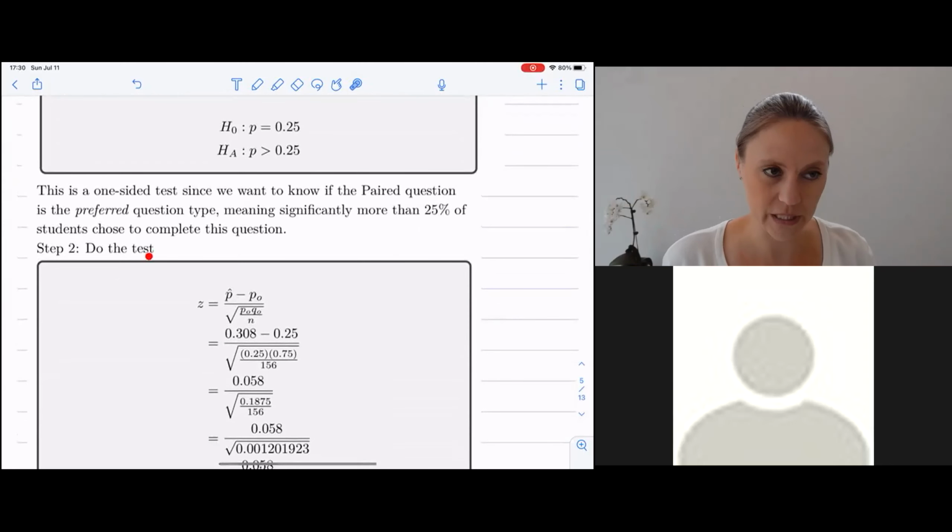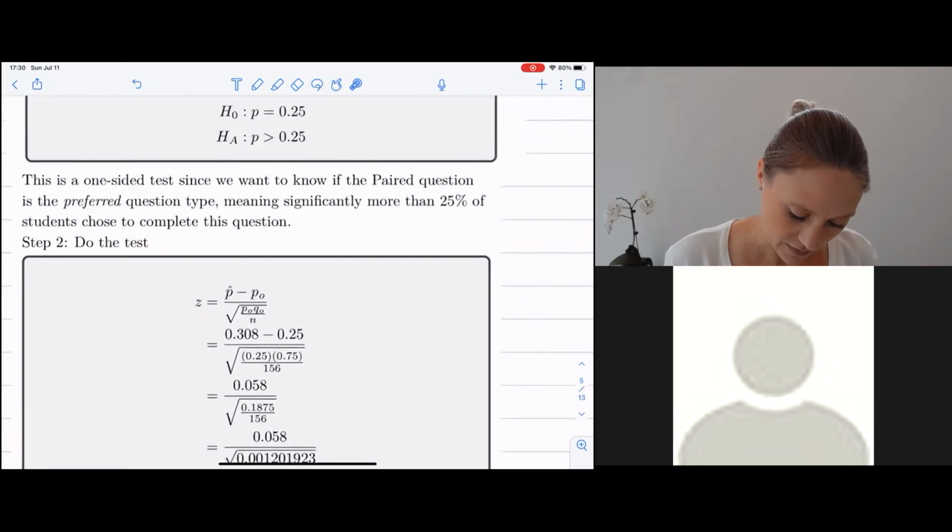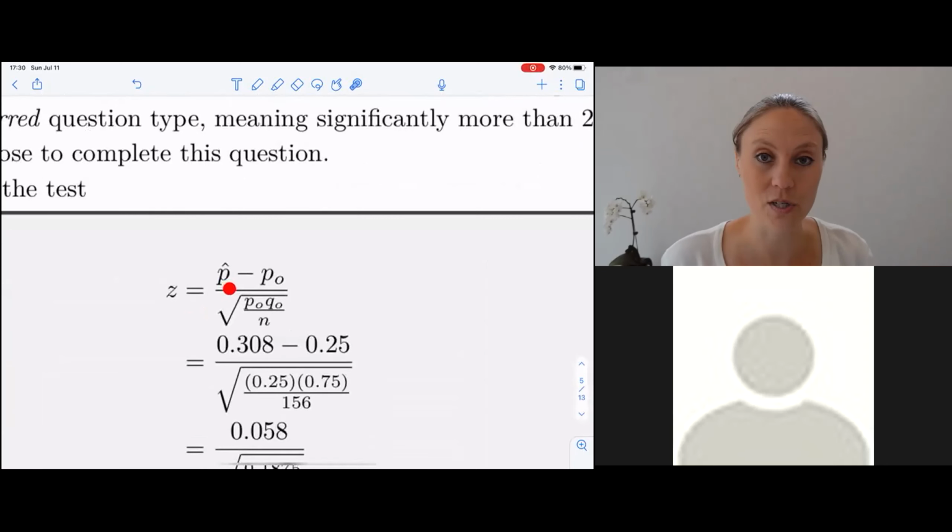Now it's time to do the test. If you look back to your formula, we need our p hat, which is 0.308, and our hypothesized proportion, which is 0.25. Our q is 1 minus 0.25, which is 0.75, and our n is our sample size, which is 156. So there's nothing crazy here, and like I said before, there's actually less information that you need to do a proportion question.